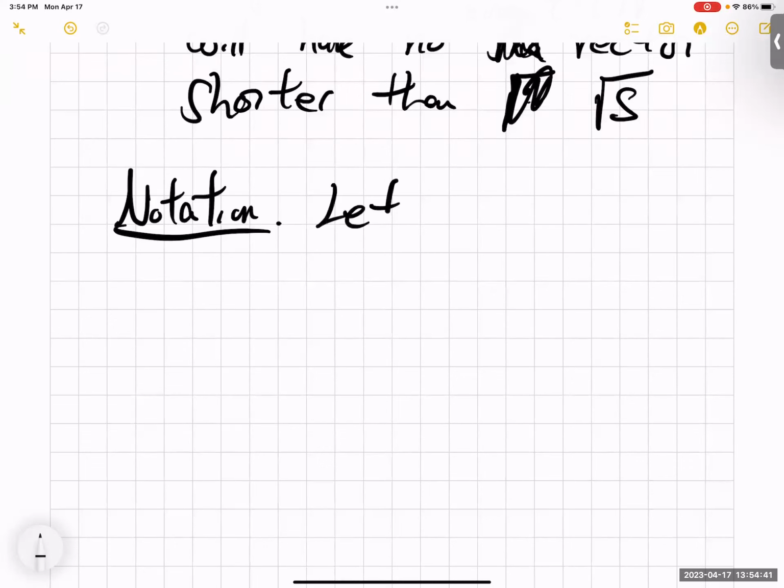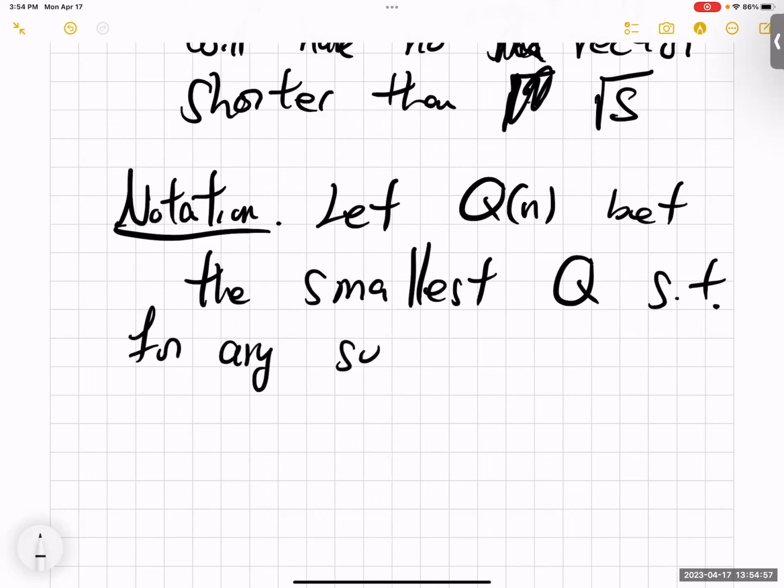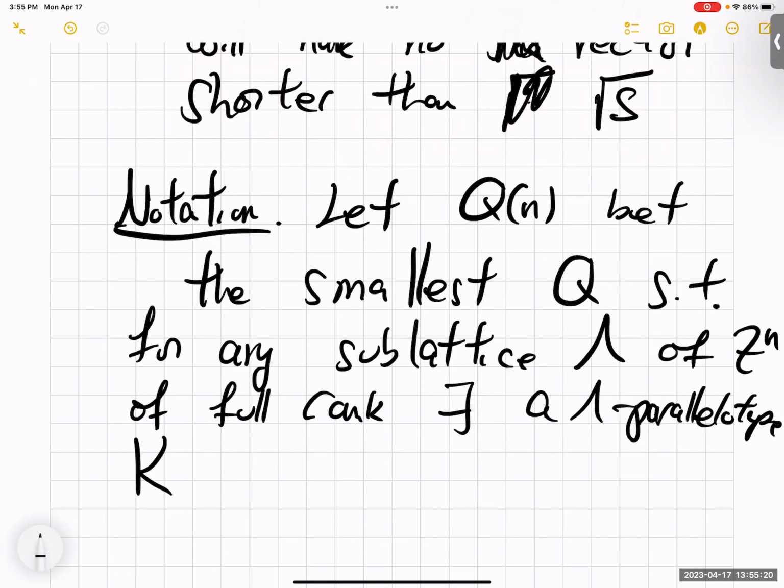So let Q of n be the smallest quotient such that for any sublattice lambda of Z to the n, consisting only of integer vectors of full rank, there exists a lambda parallelotope K with surface area divided by the volume of K at most Q.